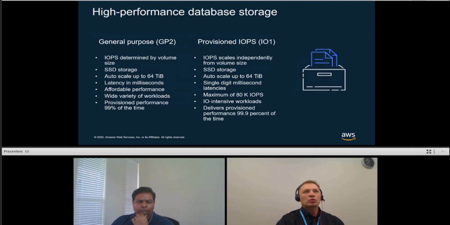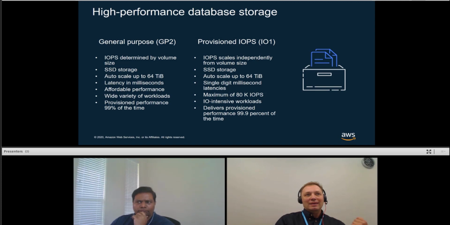Now, when it comes to EBS, we have two different storage types. One is general purpose, GP2, and another one is provisioned IOPS. Essentially, the general purpose one is suitable for a wide variety of workloads and is a very cost-effective storage subsystem. It is SSD-based. For high-intensity I/O database workloads, we definitely recommend provisioned IOPS.